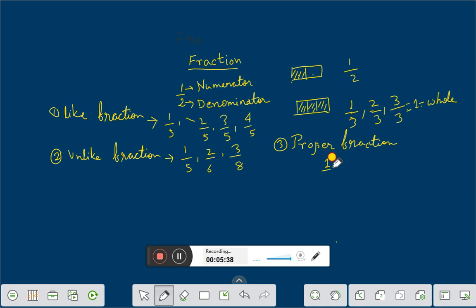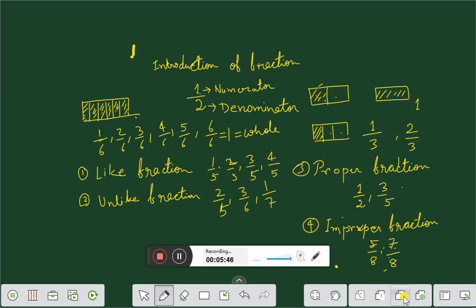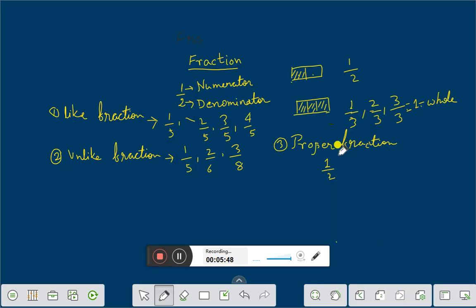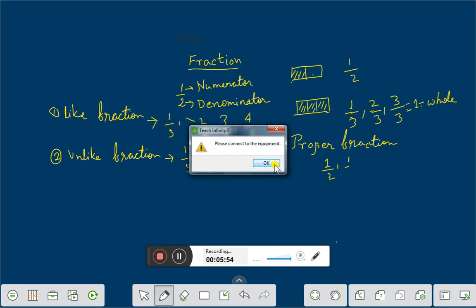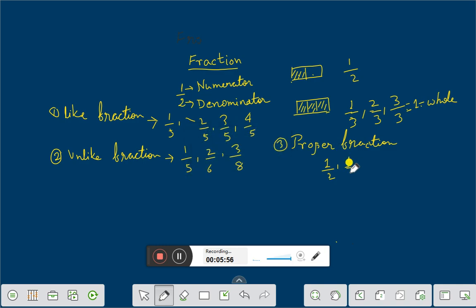It is 1 by 2, or 1 by 5, or 2 by 5. These are proper fractions because here the numerator is less than the denominator.